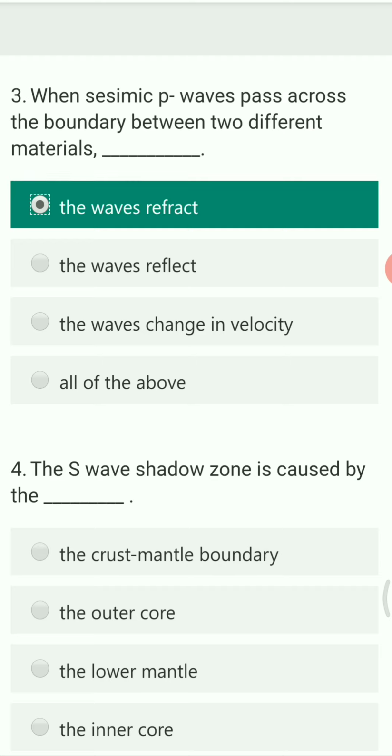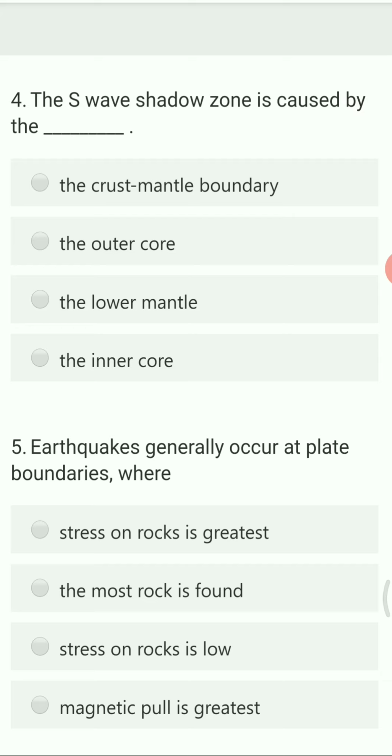Next question, the S wave shadow zone is caused by the dash. Options are the crust mantle boundary, the outer core, the lower mantle and the inner core. The right answer is that S waves cannot travel through a liquid medium, so before they enter the core they are stopped.